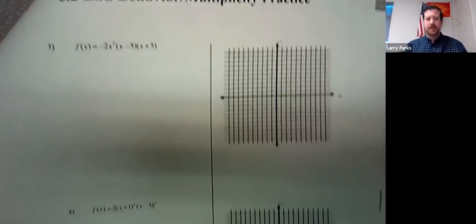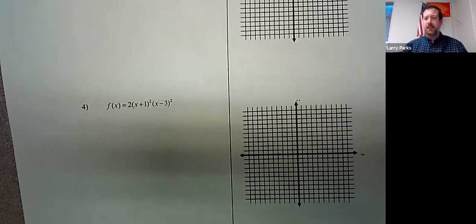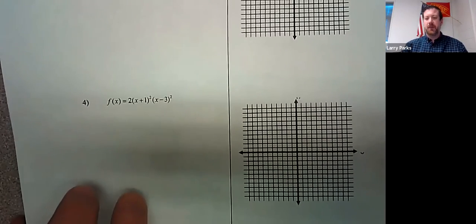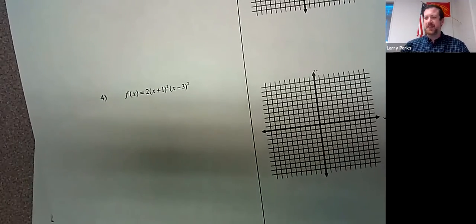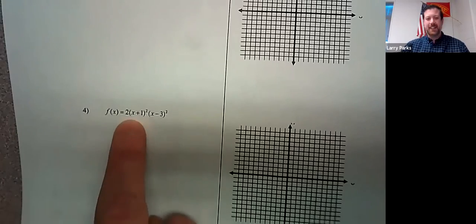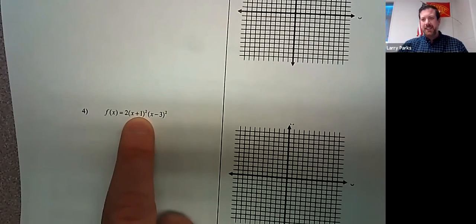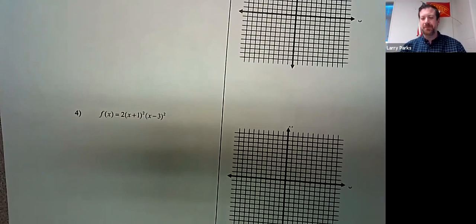Another one. And another one. So these are rough sketches. I don't expect exact graphs. It's just recognizing that if this is x plus 1, then it crosses at negative 1. And because it's even, it has a bounce. That's really the most important part of today.